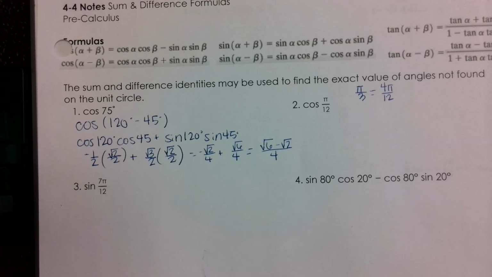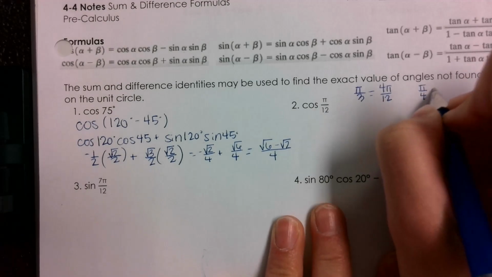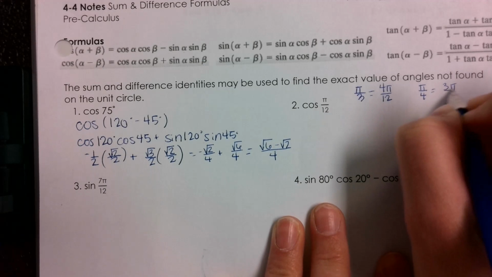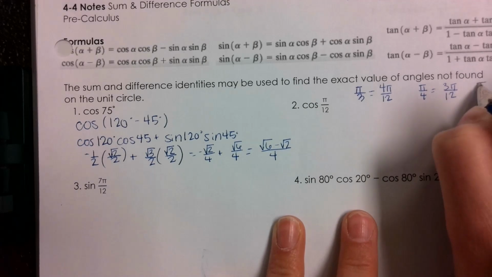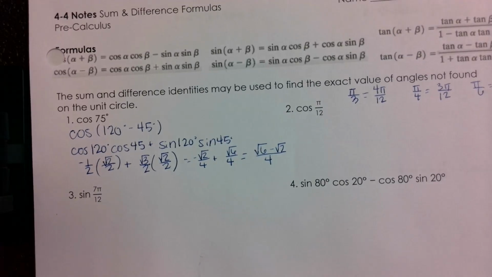Same idea for pi over 4. It'd be 3 pi over 12. And then pi over 6 would be 2 pi over 12. So we want to see what we could add or subtract to get to 1 pi over 12. So what can we do?